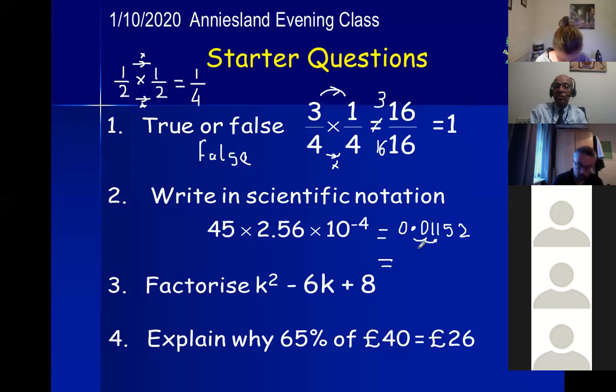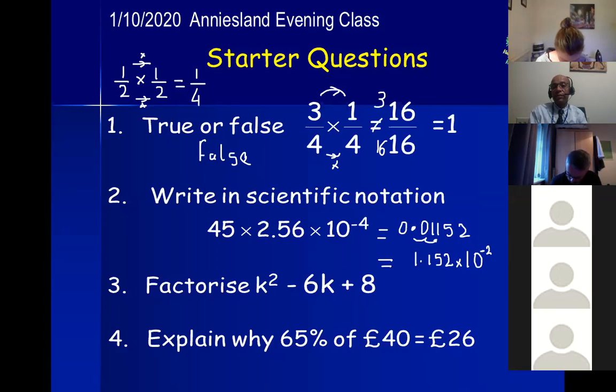So I'm expecting you to write this as 1.152 times 10 to the power, I've got to do a number. So I know I've moved my decimal point 2 positions, so it's a 2. But because we're talking about a small number and I had to move the decimal point to the right, you need to put a -2 here.